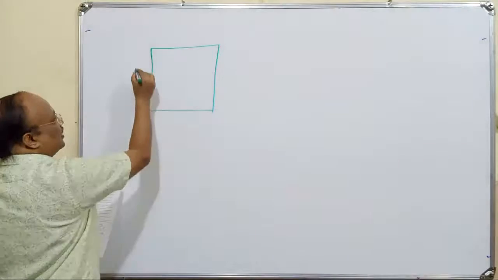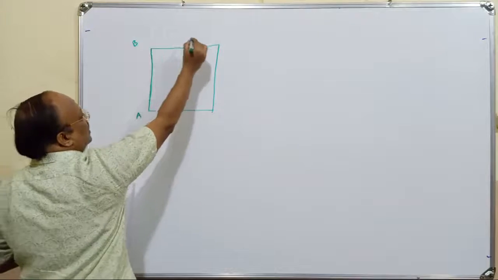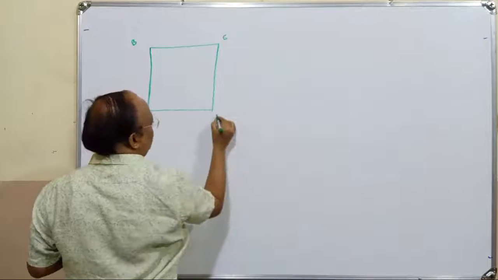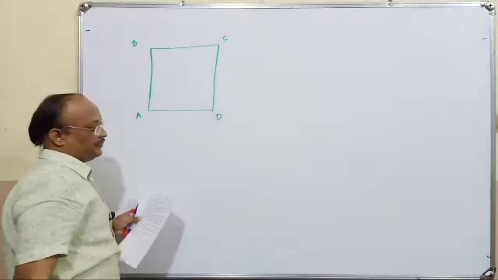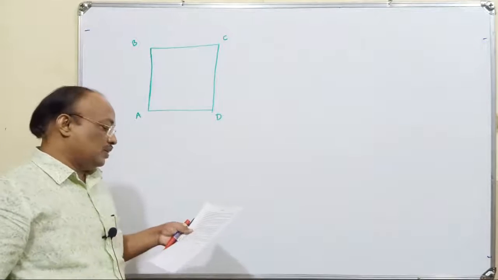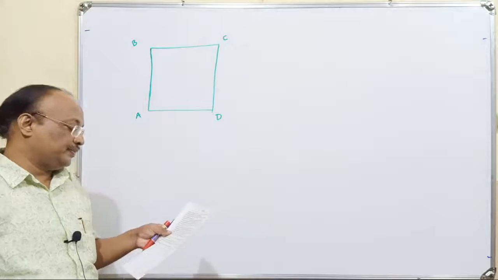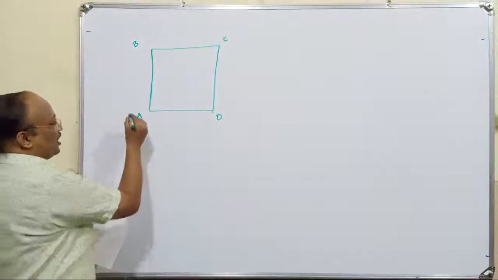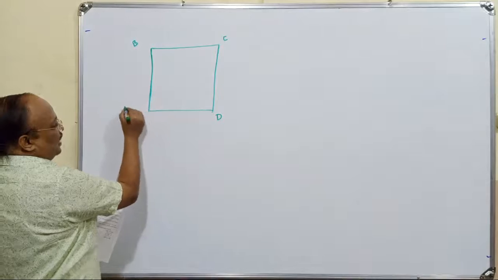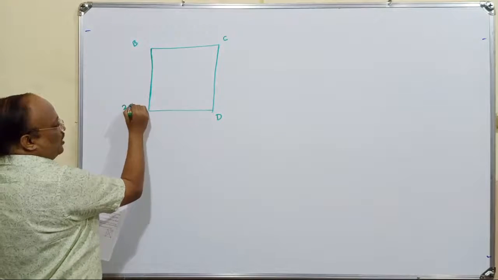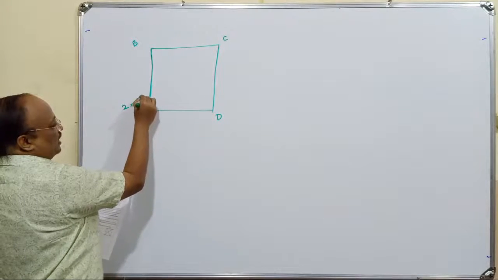A, B, C, D. So at A, it is 2 into 10 to the power of minus 9 coulomb.